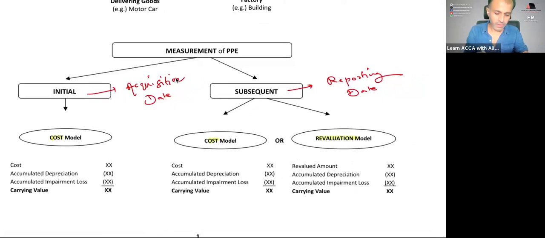The basic difference of the two models here: in the cost model, the assets are always kept at their historic values, whereas in the revaluation model, the assets are kept at their market value. So every year end, when the market value changes from the last year's market value, we keep on revising. That is the basic difference of the two.